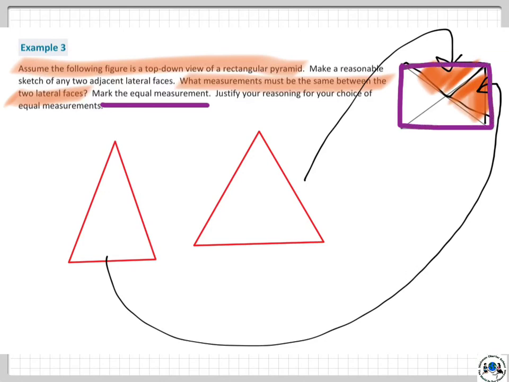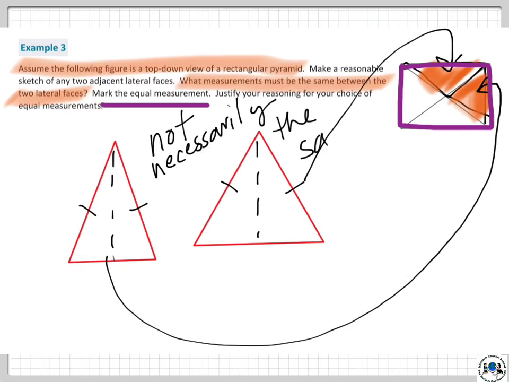Anyway, the measurements that would be the same would be the sides. Okay, would be the sides. They are all going to be the same length, on a right rectangular pyramid, meeting at this vertex. What will not necessarily be the same is the height of these here. The height is not necessarily going to be the same, but the length is going to be the same.